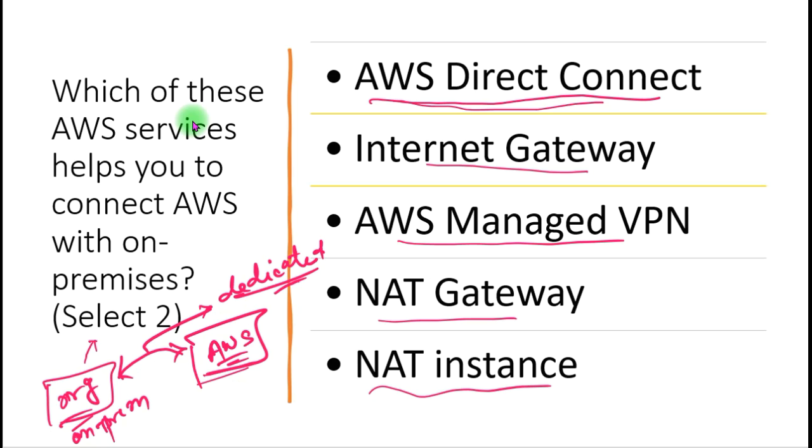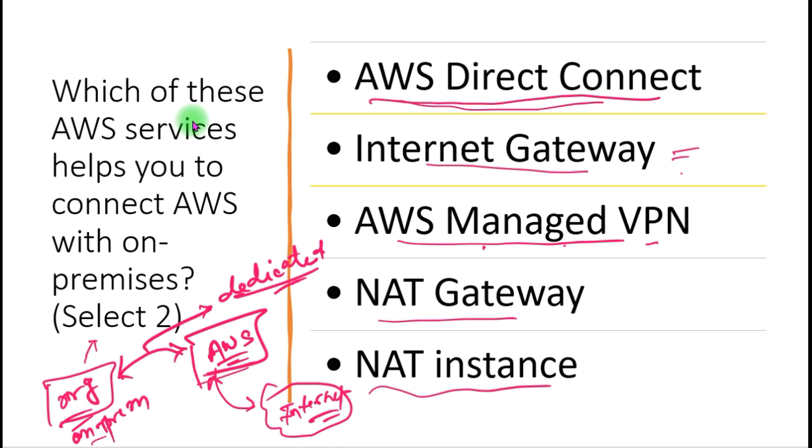So we can access AWS resources easily from here. Next we have Internet Gateway. This is not the service which can be used to connect our on-prem. This is the service used to connect through the internet. When we want our resources to connect through the internet, and we need a bidirectional connection, then we use Internet Gateway.